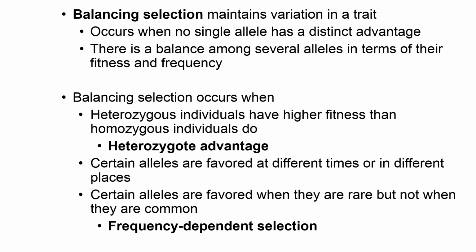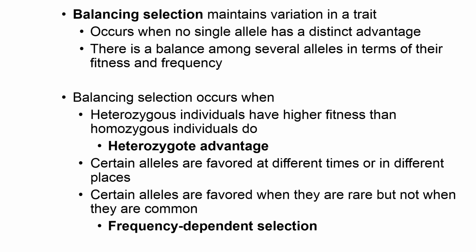So here, one of the things you're going to read about is sickle cell anemia. Individuals that are heterozygous for the sickle cell anemia allele are at a better advantage to surviving malaria.